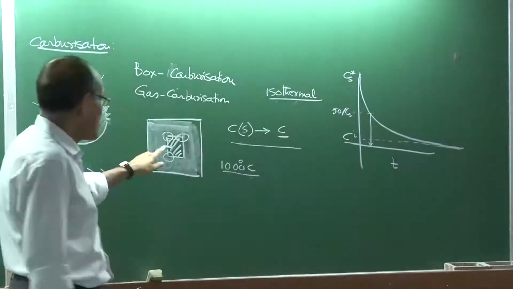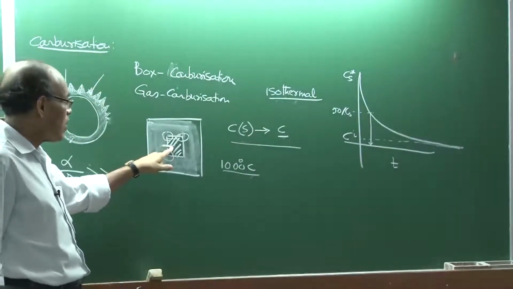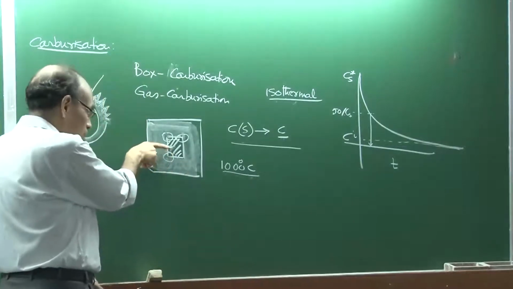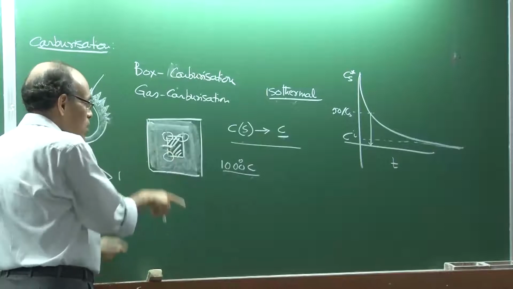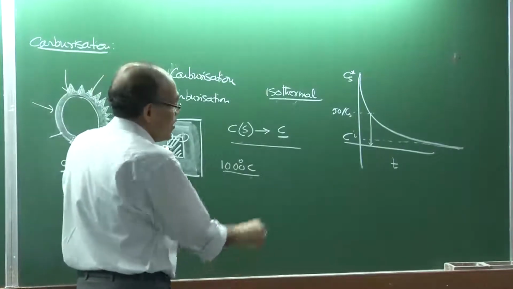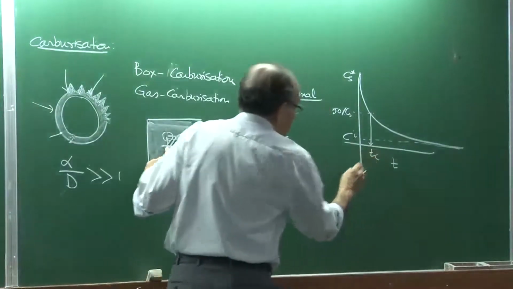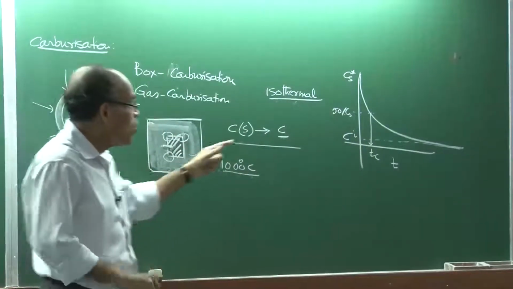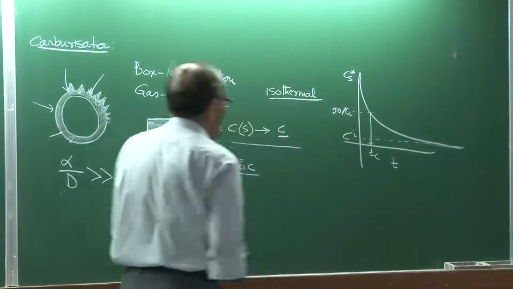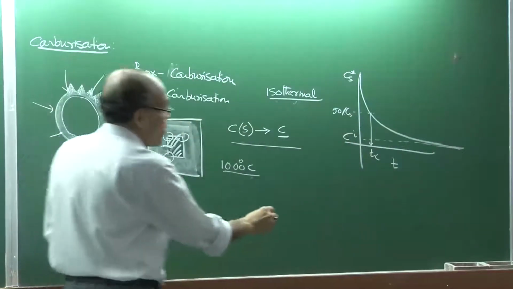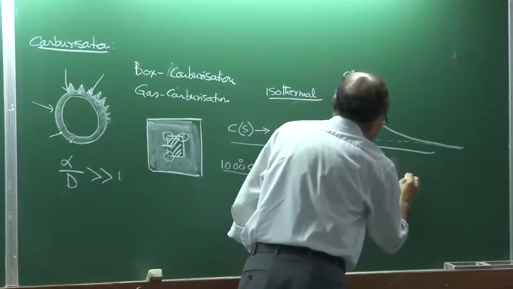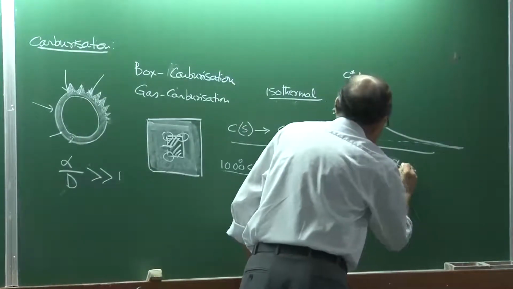At this particular point, because the one-dimensional theory is applicable here, not here, not here, you can say that this time Tc will represent the dwell time inside the furnace, which will give you a case depth. This is not concentration, this is at a time, and this is as a function of distance.